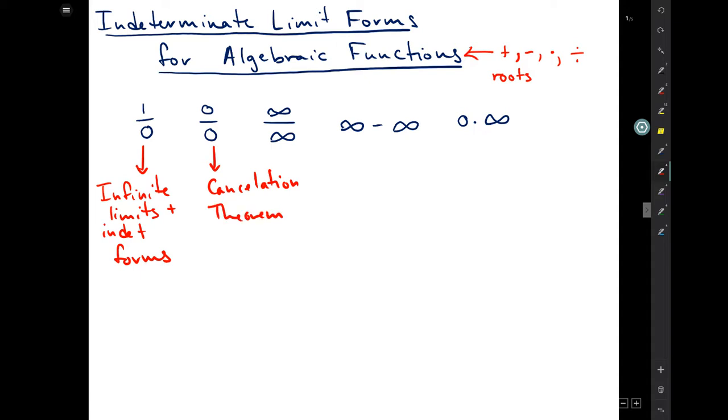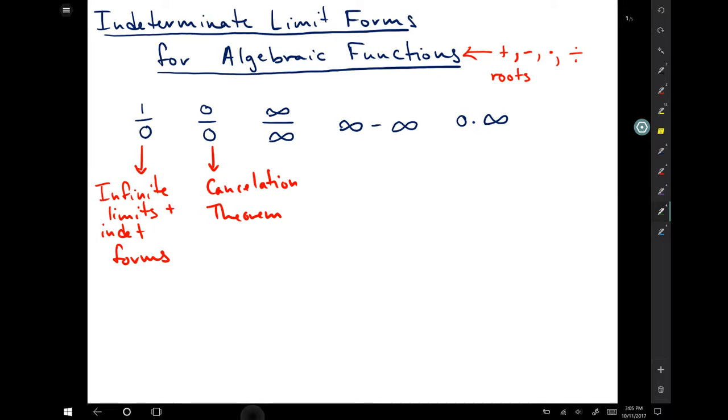So today, mostly, I am going to talk about limits of the form infinity over infinity, infinity minus infinity, and also a little bit 0 times infinity, but not a ton on that one. The idea behind indeterminate limit forms is that you can't figure out just from the form what they're equal to.